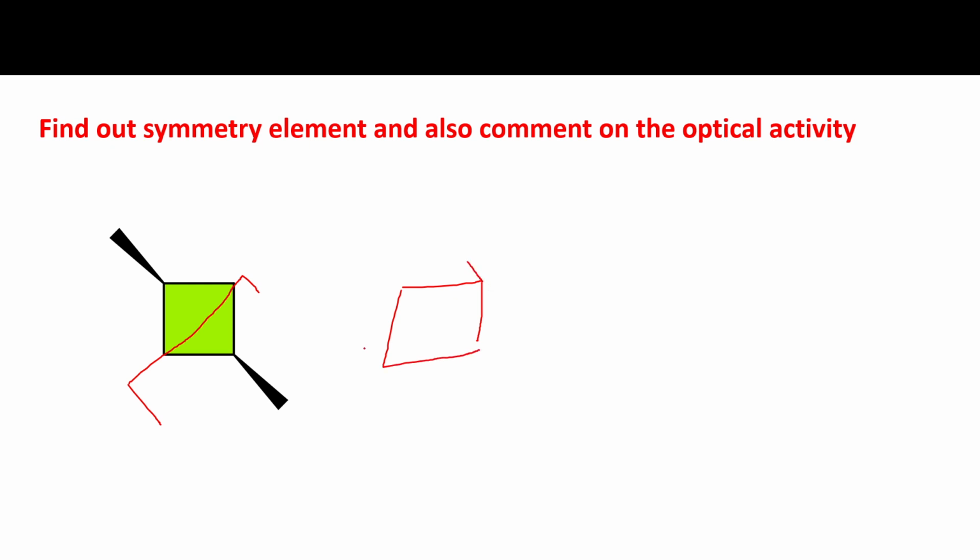The 2 methyl is up. Then the molecule has a sigma plane, so if it has a sigma plane, that molecule is optically inactive.